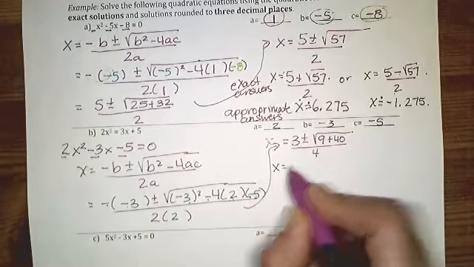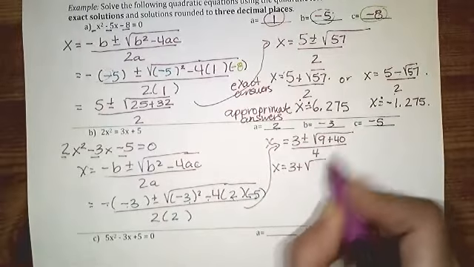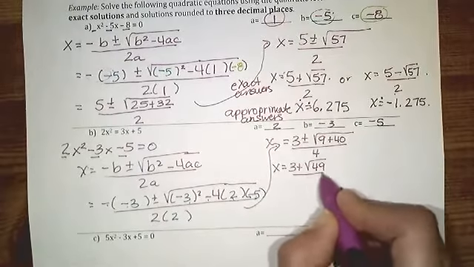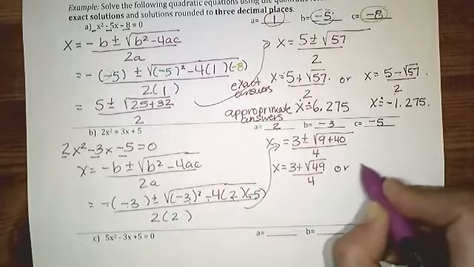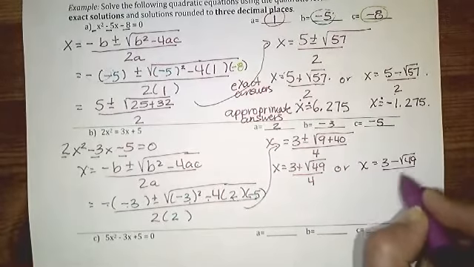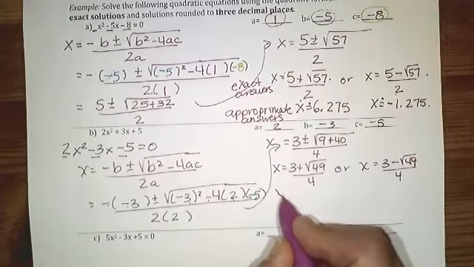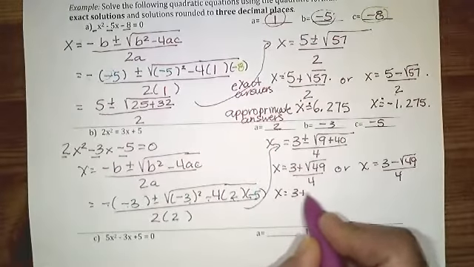So x is equal to, remember these are the exact solutions, and we can add these together for 49, or x is equal to 3 subtract root 49. What is the square root of 49? It's 7, so we know we can simplify that.